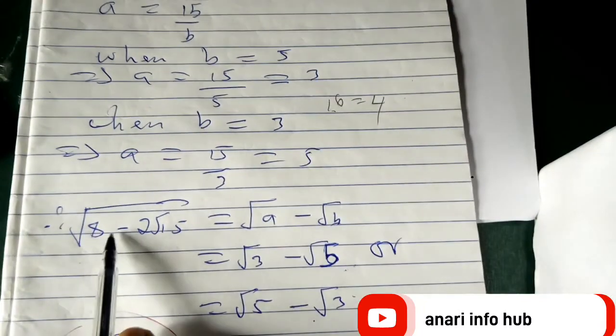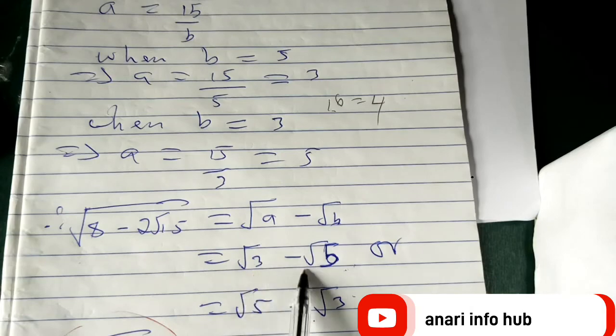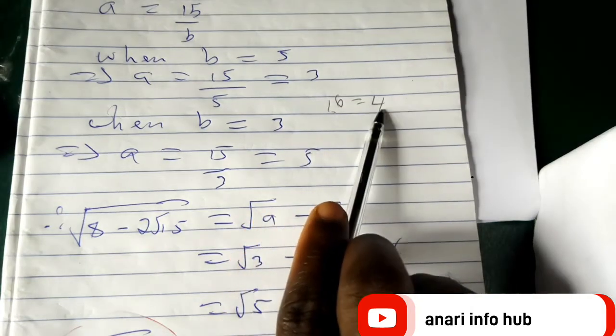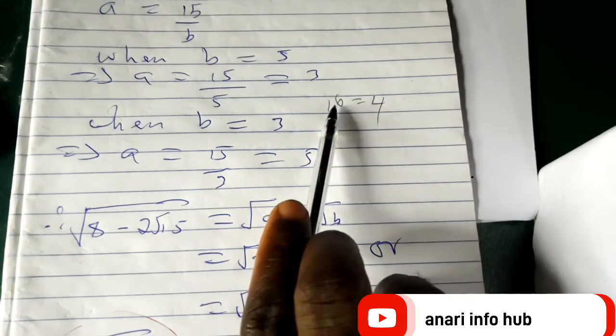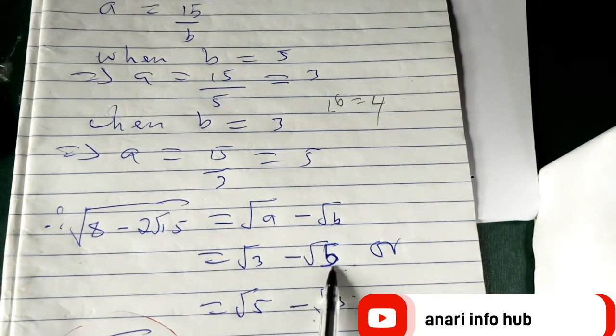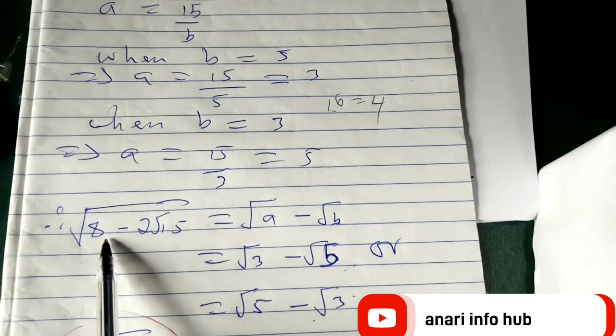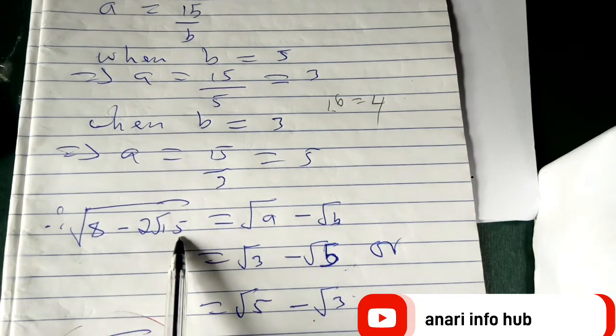So the square root of this number is root 3 minus root 5. That means root 3 minus root 5 times root 3 minus root 5 is going to give us 8 minus 2 root 15, which was what we were asked to find the square root of. So that is how it is being done.